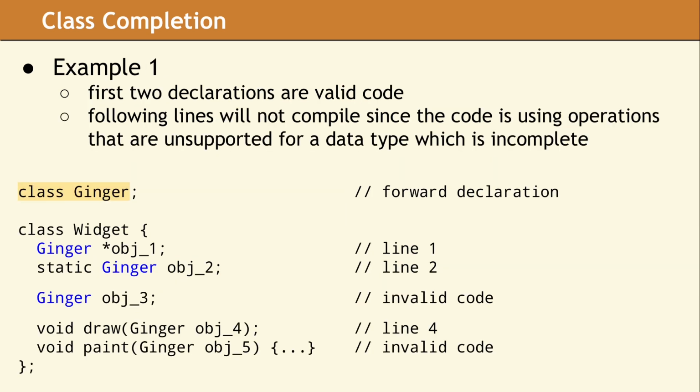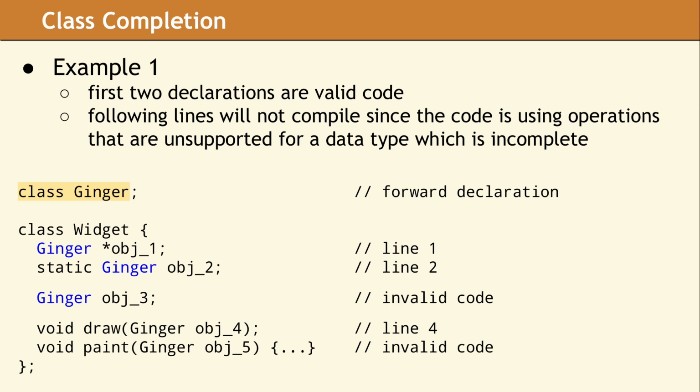Here is an example which contains a forward declaration of the class Ginger. Since there is no definition of Ginger, it is an incomplete data type. If we look at the member declarations in class Widget, located on line 1 and line 2, these are both valid and the code will compile. Few will be surprised that line 1 is okay.